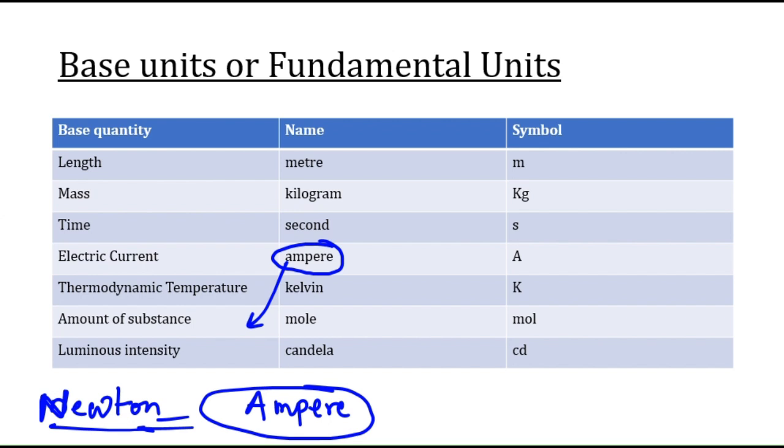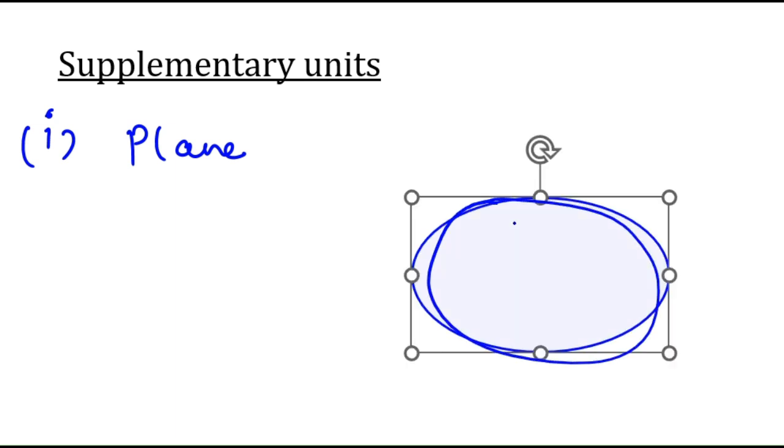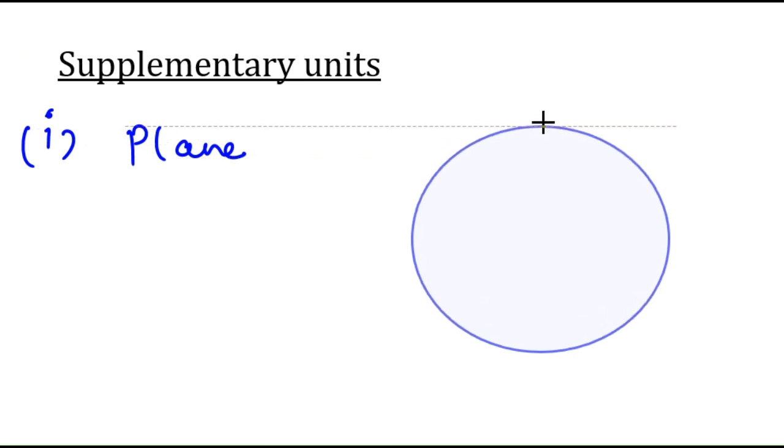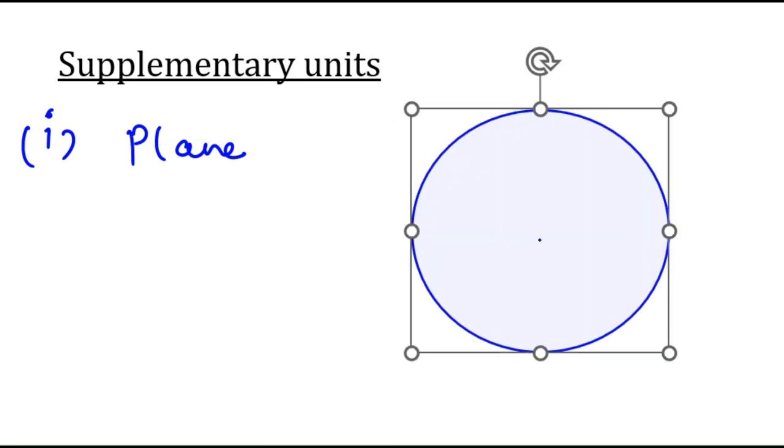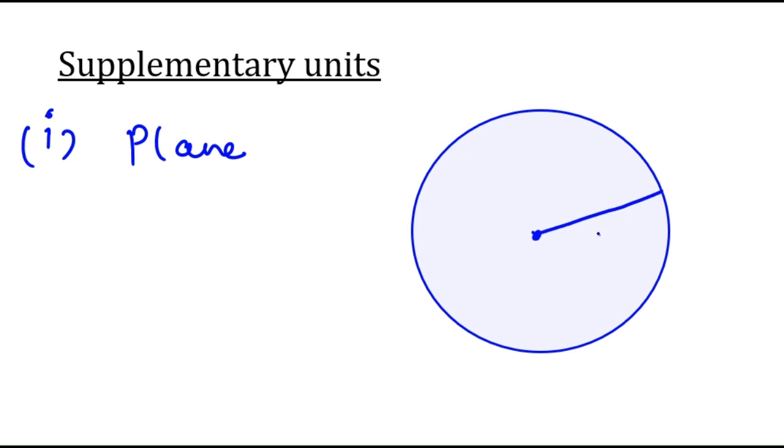Now, coming to supplementary units. These two units are for angles, one for plane angle and another for solid angle. So, let's start with plane angle. Let's say we have a circle here, and let me draw it first. This circle has radius r, and let's take a small arc of length ds.